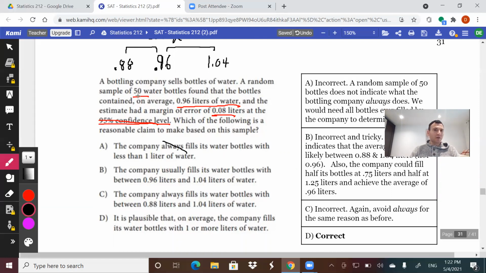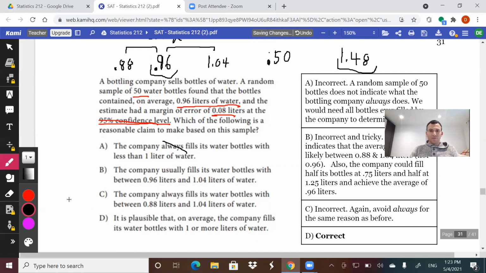In the 50 bottles, we very easily could have had one bottle that was, let's say, 0.50, half a liter, and then another bottle that was like 1.48 liters, right? That's still going to get us an average of about 0.96. So there's no way to know what the company always does, and we can easily have a number above 1 liter and still get an average of 0.96.